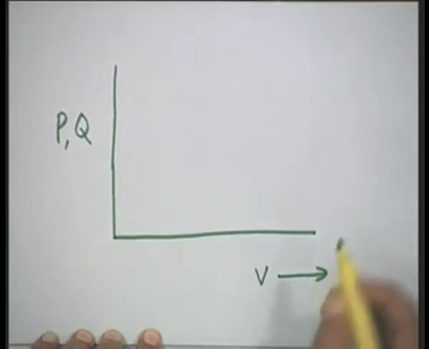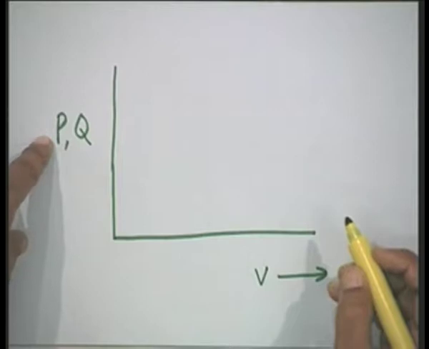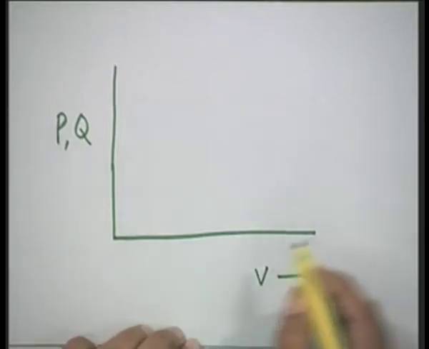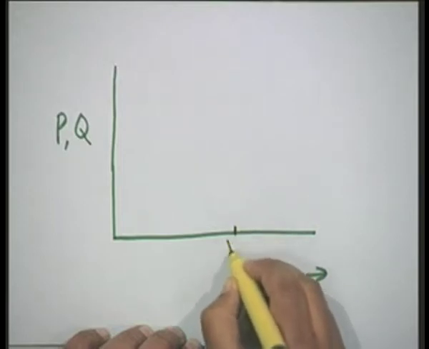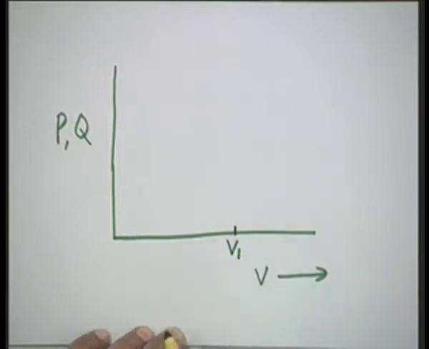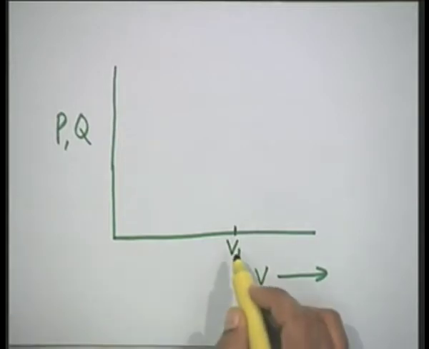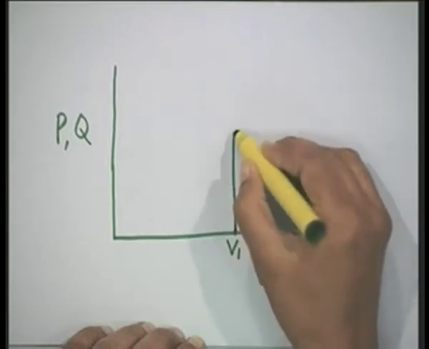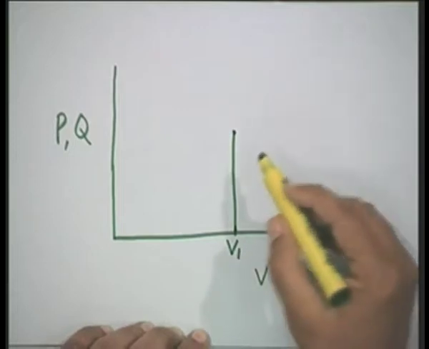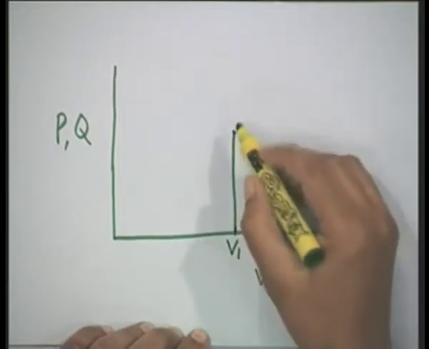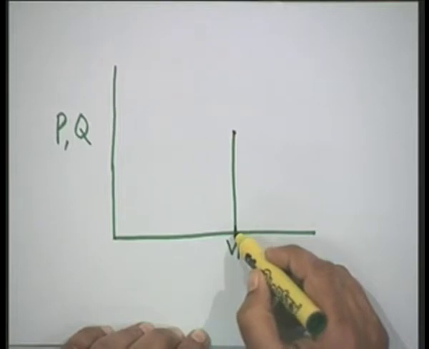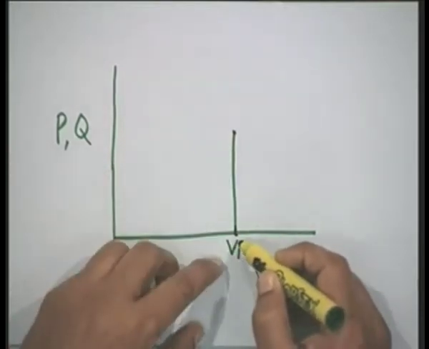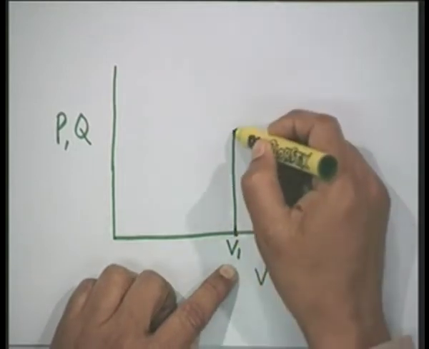Now let us first see the power P consumed by a discharge lamp. Up to a certain voltage, say V1, the discharge lamp will be off. Therefore no power is consumed by the discharge lamp. When the voltage becomes V1, suddenly these devices are switched on, and the power consumed suddenly jumps from 0 to this value.